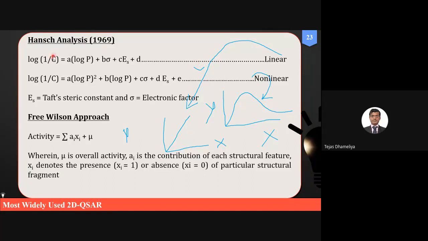And what is their equation? You can see the equation is like this: log 1 upon C. This is Hansch analysis. There are two models for this.